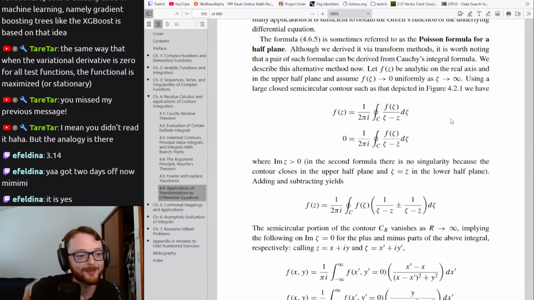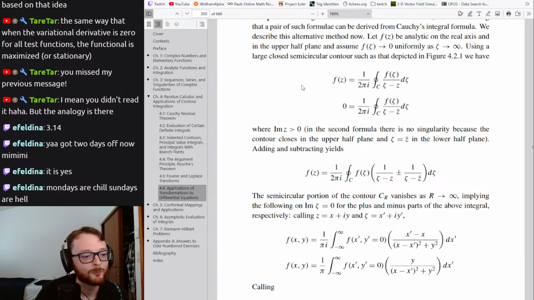It is, yeah, it's upside down. Like Monday's supposed to be the worst day of the week, but now it's the best day of the week for you. Mondays are chill, Sundays are hell.